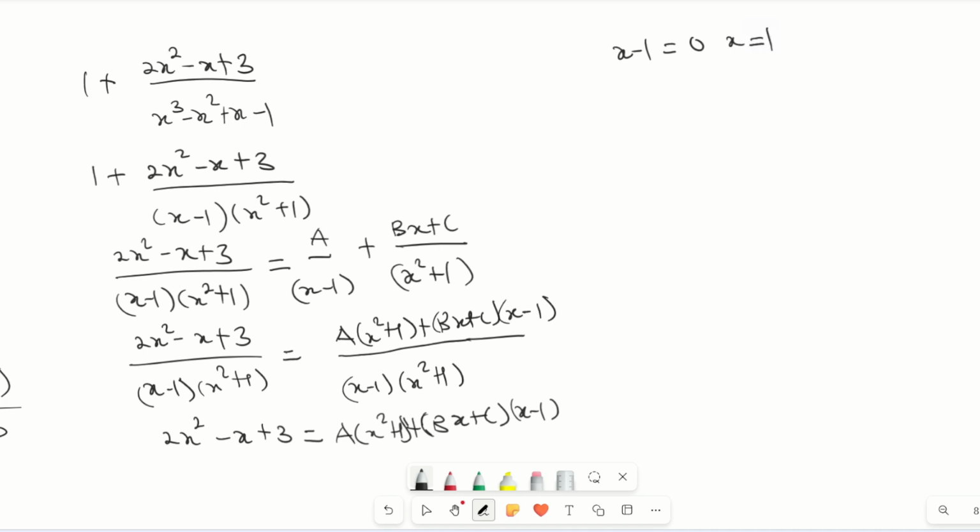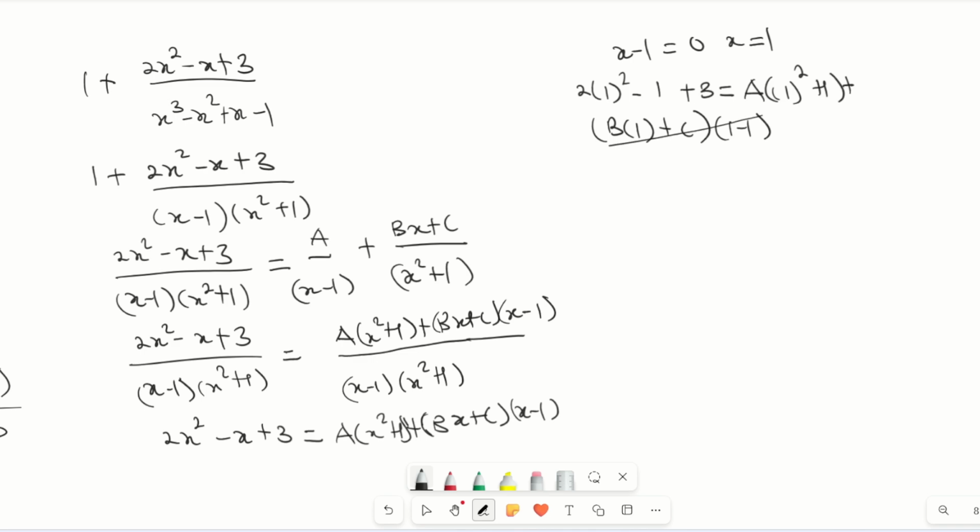So that means that we are going to have 2 multiplying 1 squared minus 1 plus 3 equal to A multiplying the expression (1 squared plus 1), plus we have our (B multiplying 1 plus C), then we have 1 minus 1. So we see that this is 0, so this side goes to 0.